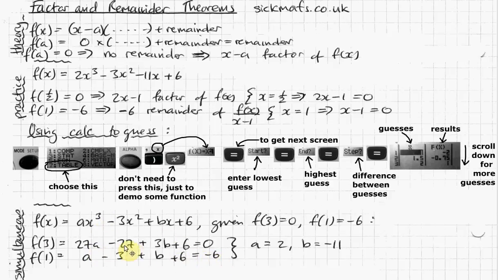Put them together simultaneously, times or whatever you need to do, to solve the linear simultaneous equations. That's a GCSE thing. The answers are a equals 2, b equals minus 11. If you don't know how to do that, check out my GCSE video on simultaneous equations and linear equations.